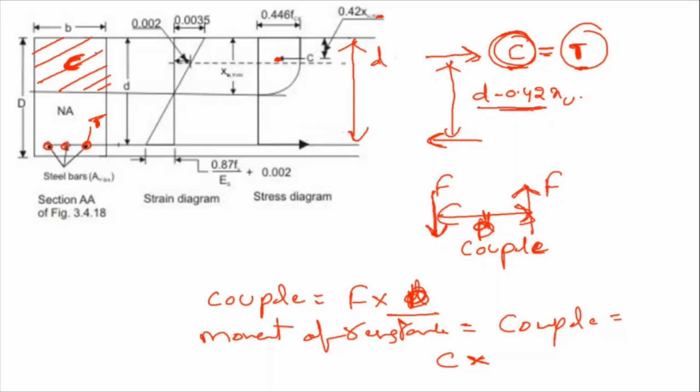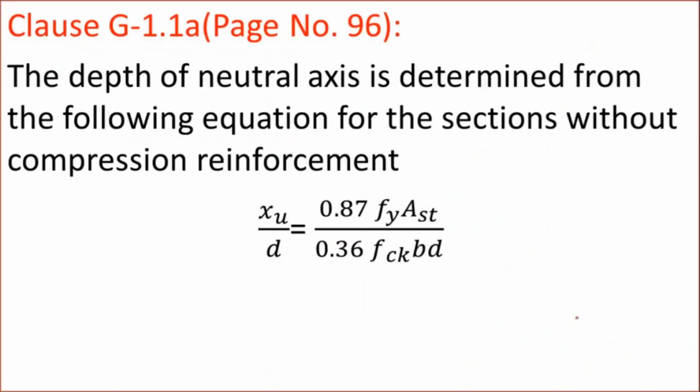So C into D minus 0.42 XU, or T into D minus 0.42 XU. Like this we can calculate the moment of resistance of the beam: compressive force or tensile force into lever arm.